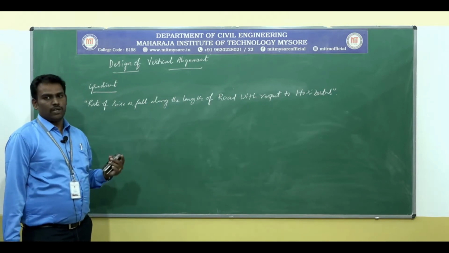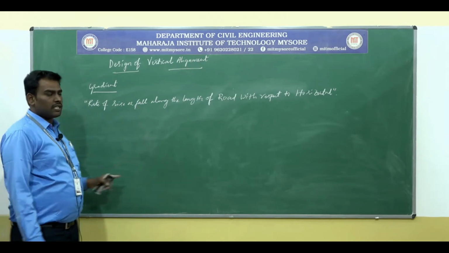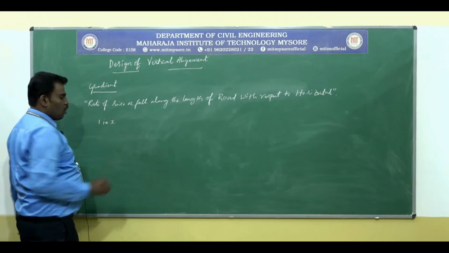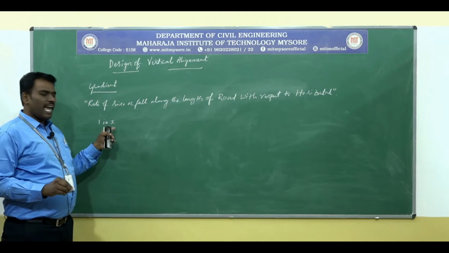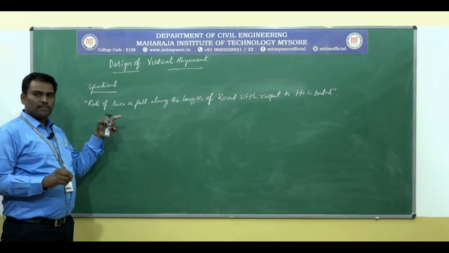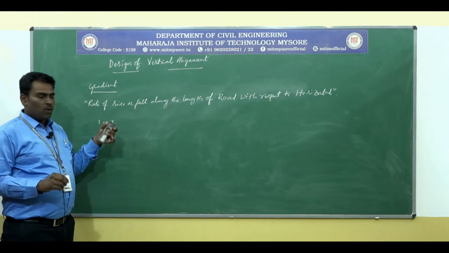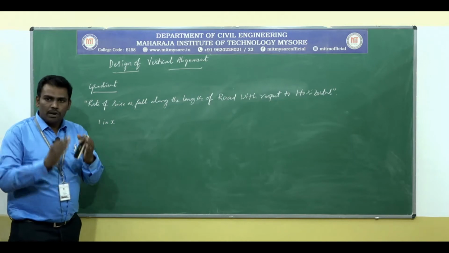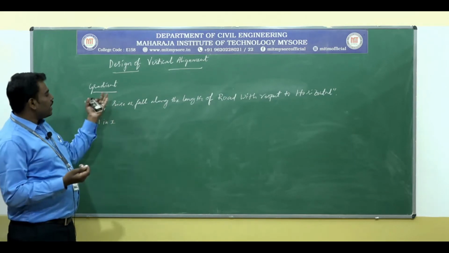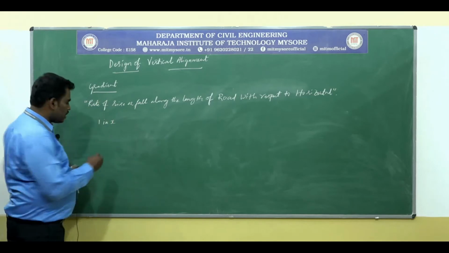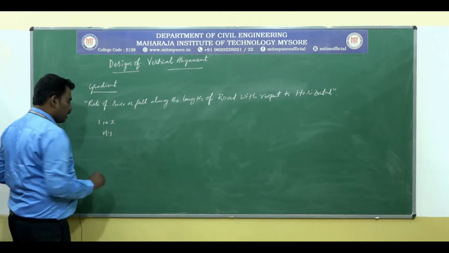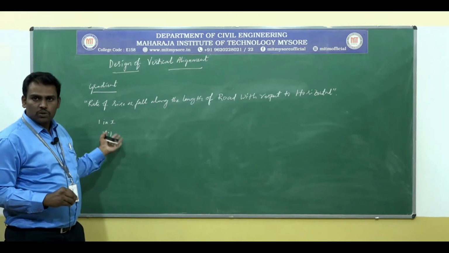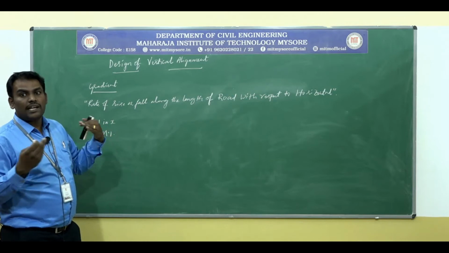Usually the gradient will be expressed in the ratio of 1 in x, where 1 vertical to x horizontal. The gradient is also expressed in terms of percentage, say n percentage, that is n vertical to 100 horizontal units.